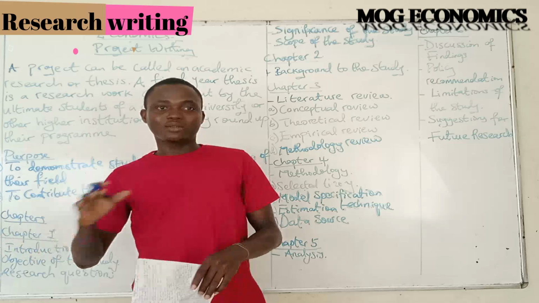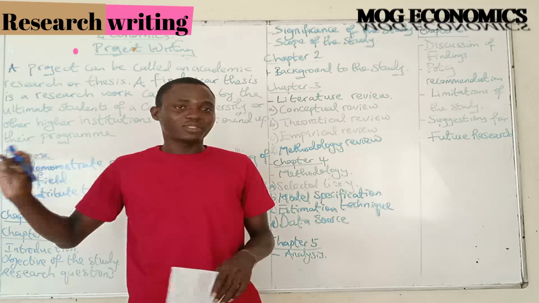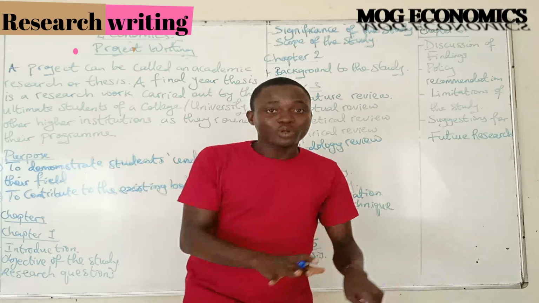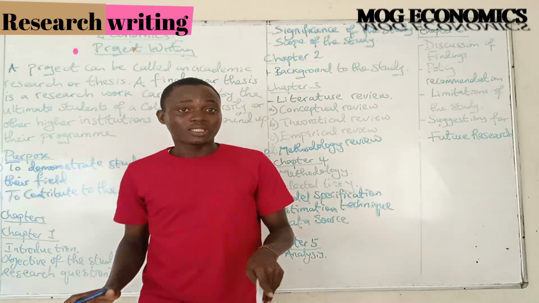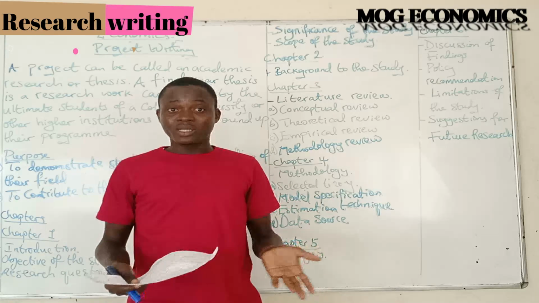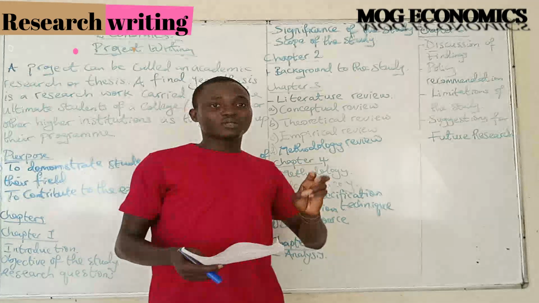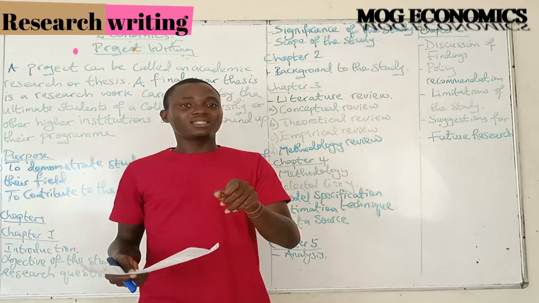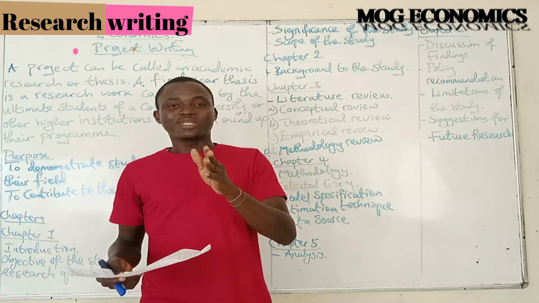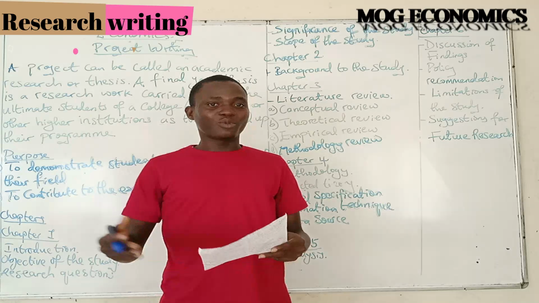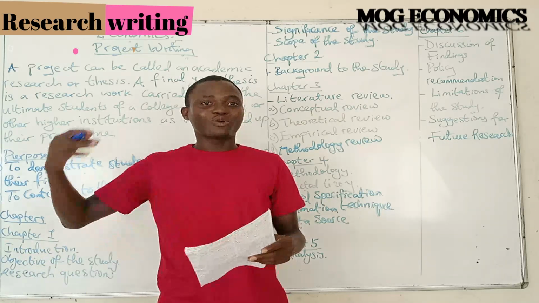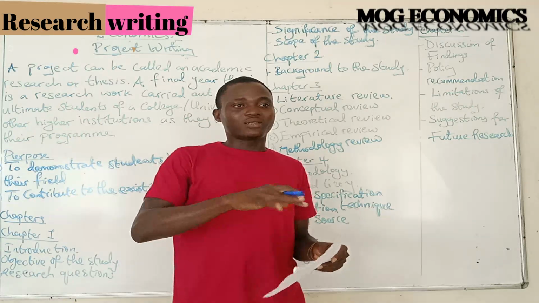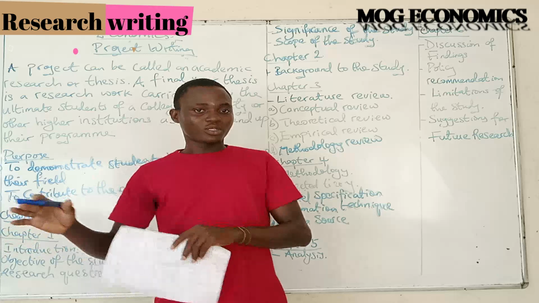That lets your supervisor know that there are other researchers that have found this kind of relationship as well. It is important, and if as an undergraduate you can do it, it gives your work more beauty. It lets us know that you know what you are doing, especially when you have controversial findings that are not in line with theory or the existing body of knowledge. So you have to look for other researchers that have generated your type of results and link your work with their work.